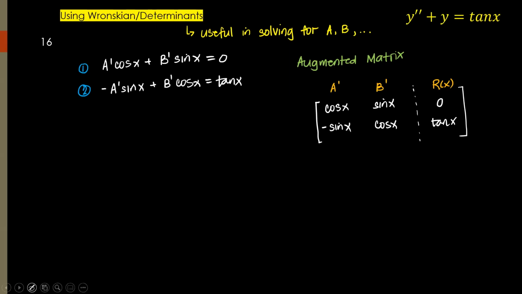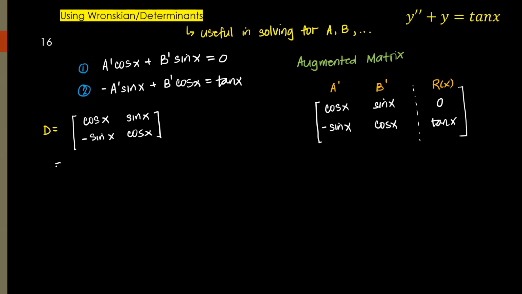And then using determinants, if you have already studied determinants and matrices in high school, D is simply cosine of x, sine of x, negative sine of x, and then cosine of x.